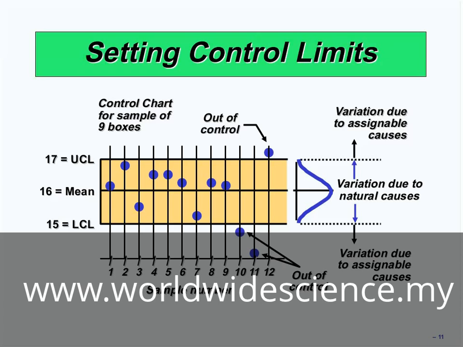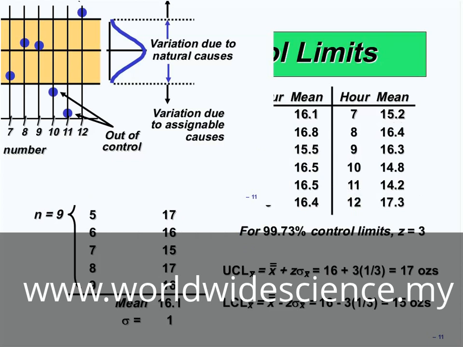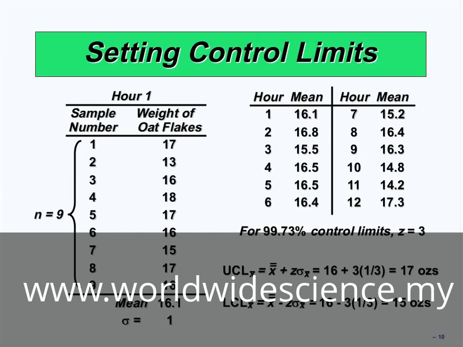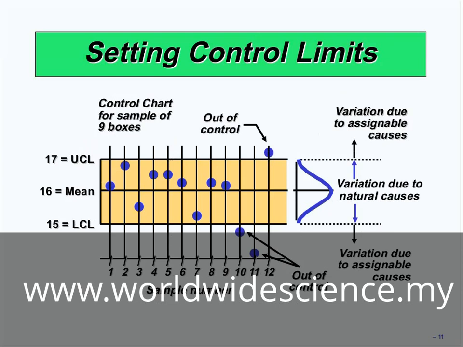Number 10 is less than 15. Yes, 14.8. Look at the table on the right, number 10. And number 11 is 14.2. It's less than 15. Number 12 is 17.3. It's above, more than 17.